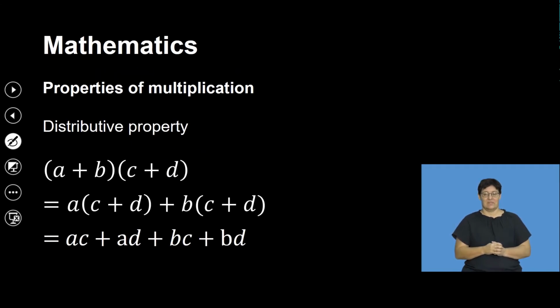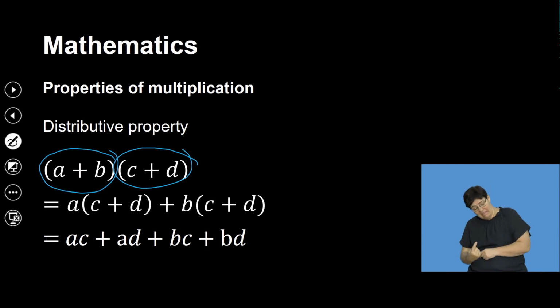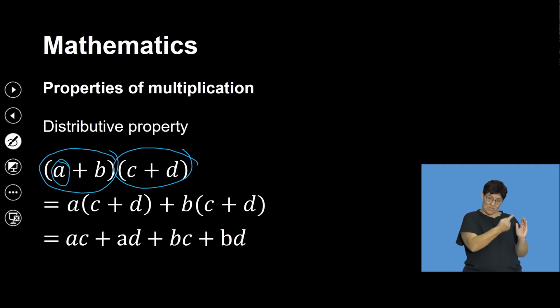Now, if we are talking about a binomial multiplied by another binomial, firstly, you take the first term in the first binomial and distribute it to all the terms in the second binomial. Then take the second term and distribute it into the bracket of the other binomial. So that becomes a(c plus d) plus b(c plus d).